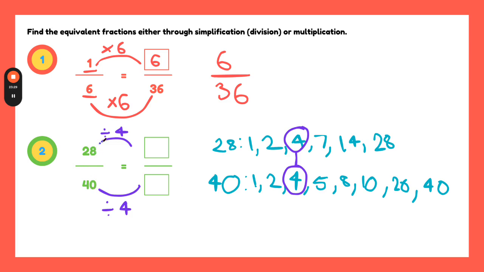So 28 divided by 4 is 7, and 40 divided by 4 is 10. So 28 over 40 is equivalent to 7 over 10, or 7/10.